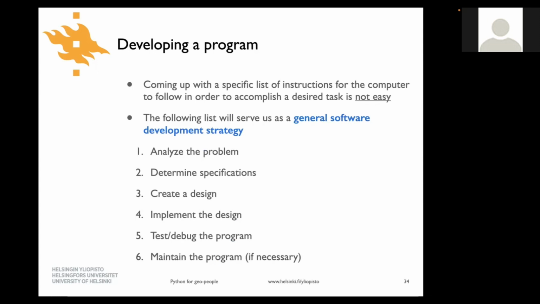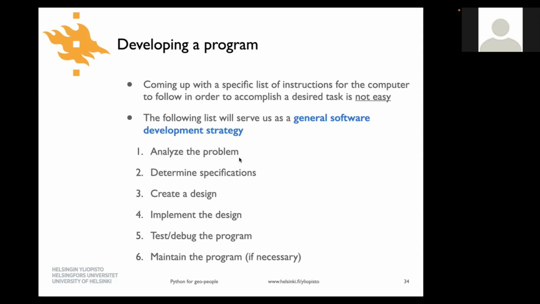I'll tell you right away that it's not always the best idea to jump right into typing in your code as your first step to writing a program. You need to follow a strategy that will help you. And believe it or not, following the strategy will make it faster for you to produce programs that work more reliably. The steps are laid out here.